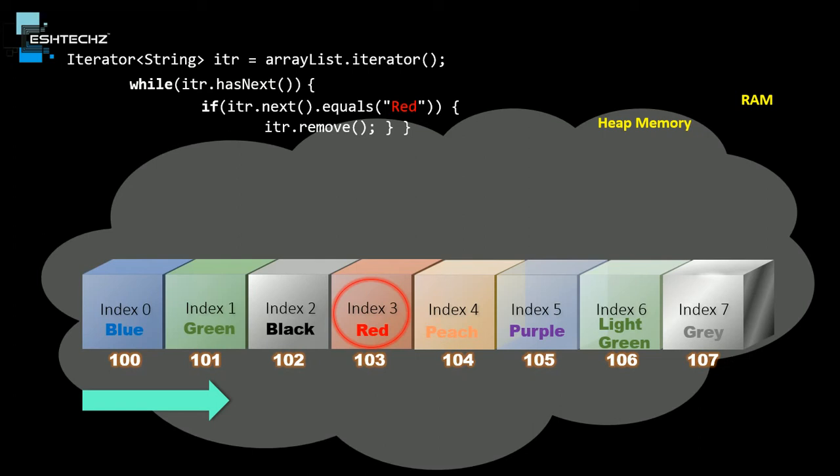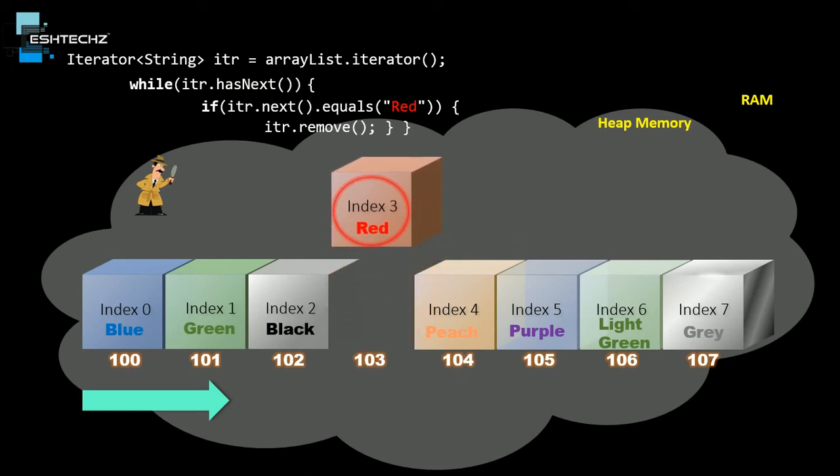Now what will happen when we execute this code? So our JVM will get the element and it will remove the element which is at index 3. But it won't stop here. Since the ArrayList is a sequential block, and now we have created a gap at index 3, JVM needs to shift all the remaining elements to fill the void.